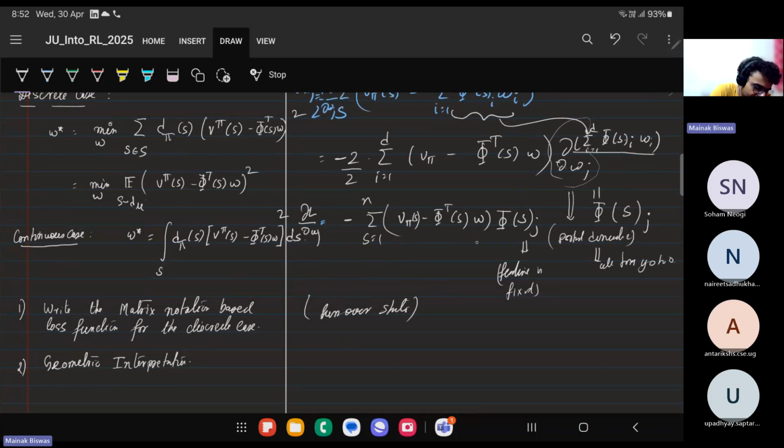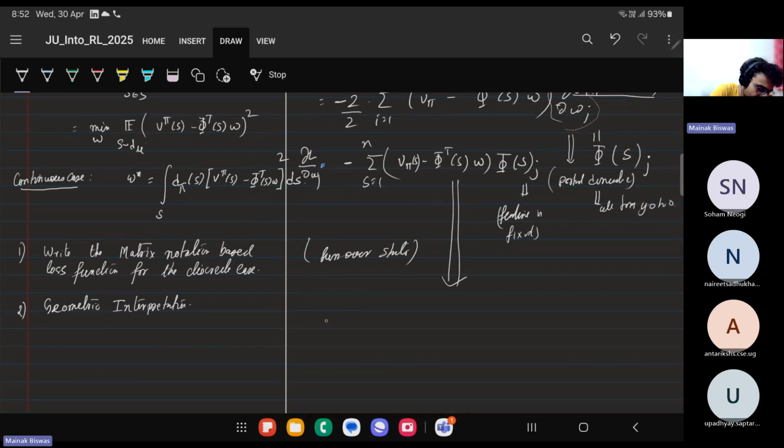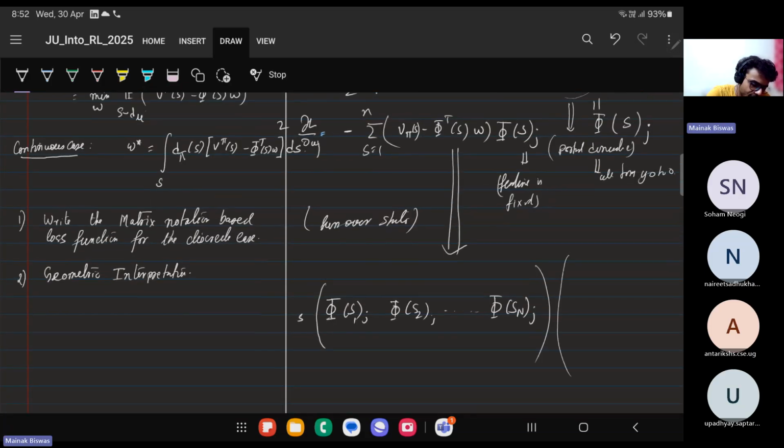Do you agree I can write this term as, for this state s, phi of s1 for the feature j, phi of s2 for the feature j, and so on, phi of sn for the feature j, into this summation, which can be written as, help me, V pi of s minus phi transpose s into w.